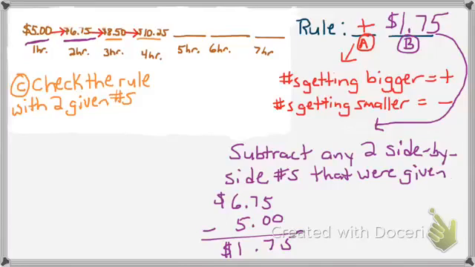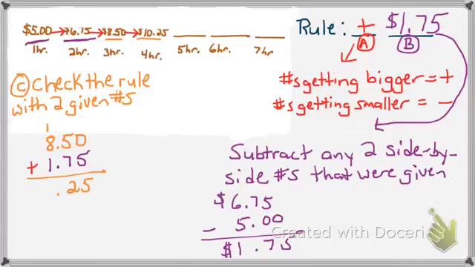So I'm going to take my 850 and my 1025. Okay, so when I'm doing the rule, I'm going in order. I would do 850 first, and the rule is plus $1.75. When I add that up, that should equal the 1025. Let's see. 0 plus 5 is 5. 5 plus 7 is 12. Put down the 2, carry the 1.